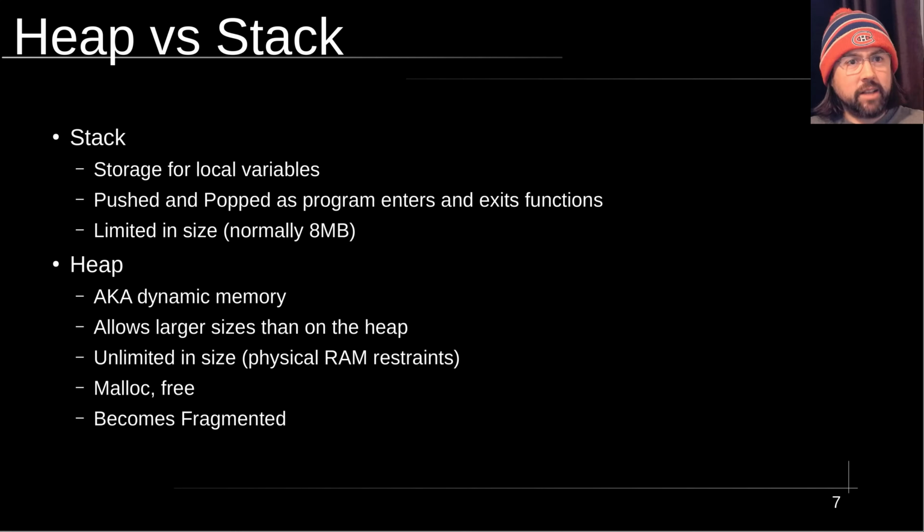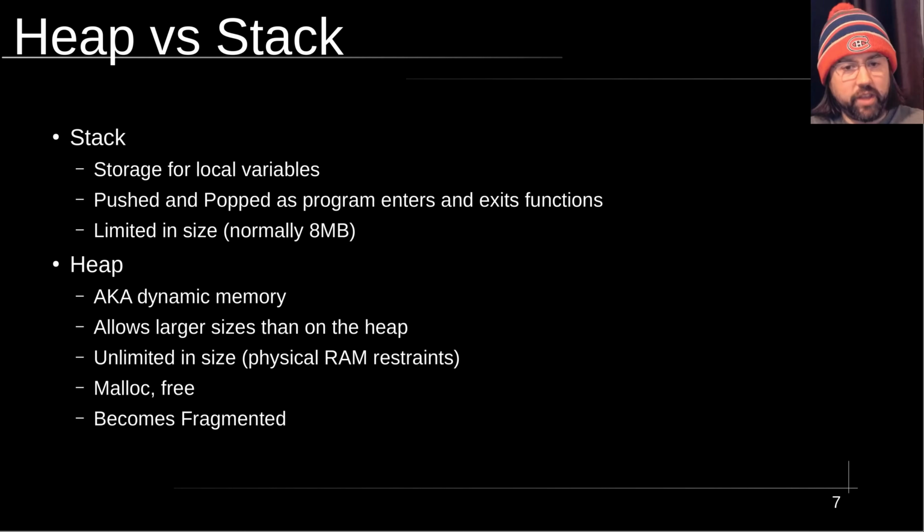It's limited in size. It's normally tuned to 8 megabytes on Linux, but it never becomes fragmented because it's always either using a variable or not using a variable. It either pushes a variable on that's going to be used or it pops it off when the function exits.